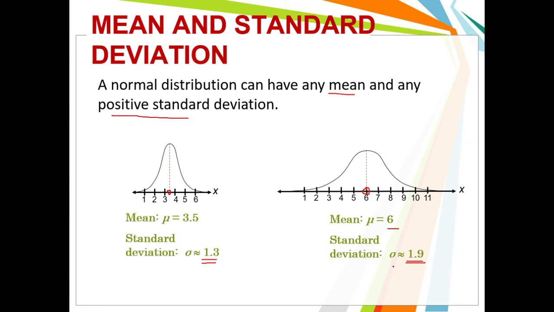So, this is greater than or mas malaki sa 1.3. Ibig sabihin, since malaki yung ating standard deviation, mas malaki din yung spread or mas makalat yung ating data. So that's why sa ating distribution, mas malapad yung ating curve compared with the first example.